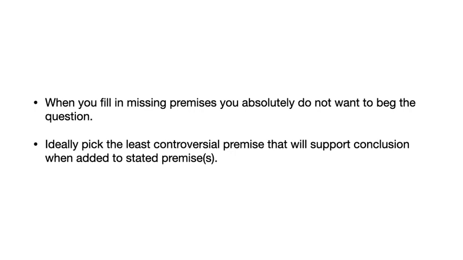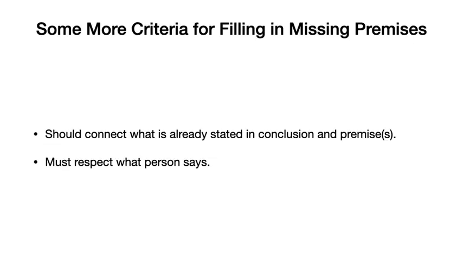Now, two other criteria for filling in missing premises are important. One, your missing premise should connect with what is already stated in the conclusion and the premises that are already there. The more it fits in with what the premise or premises that are there and the conclusion already say, the better.